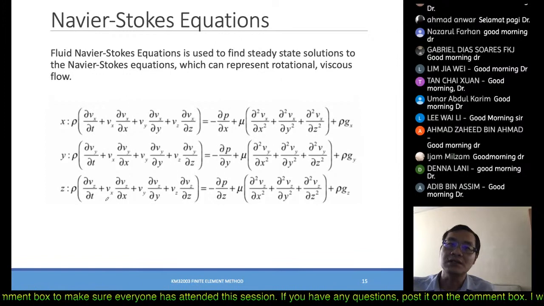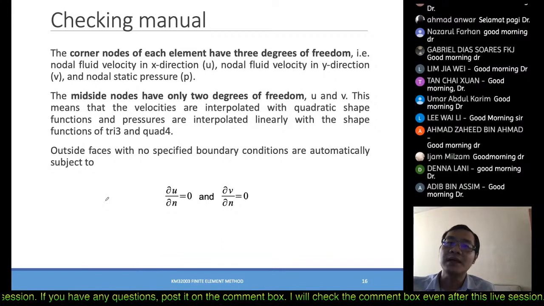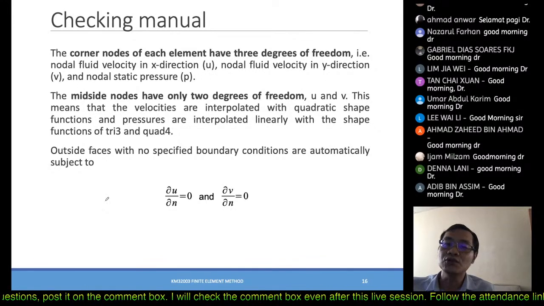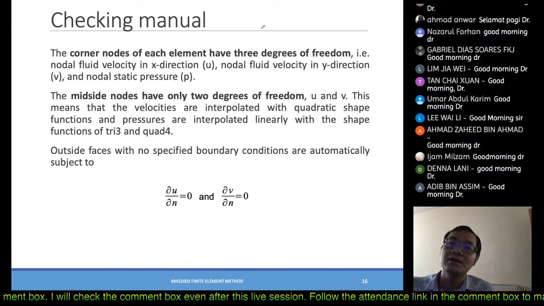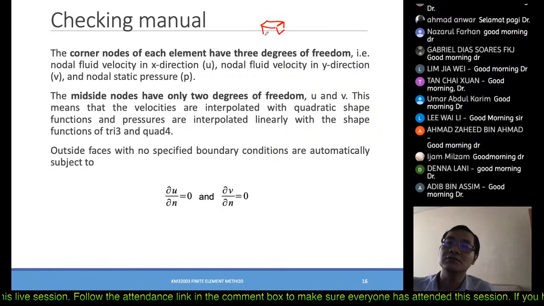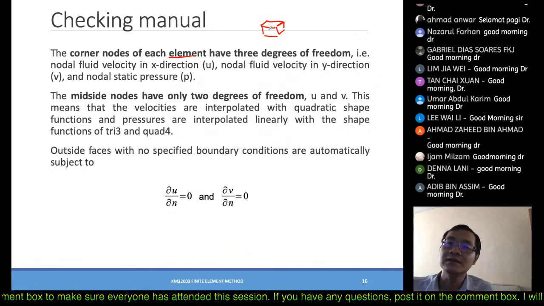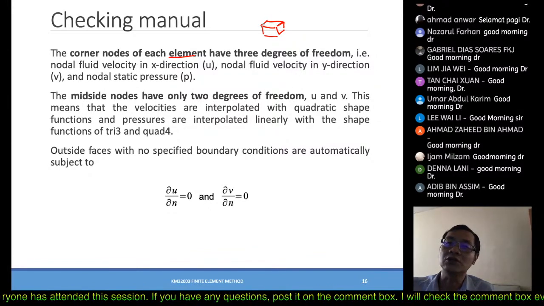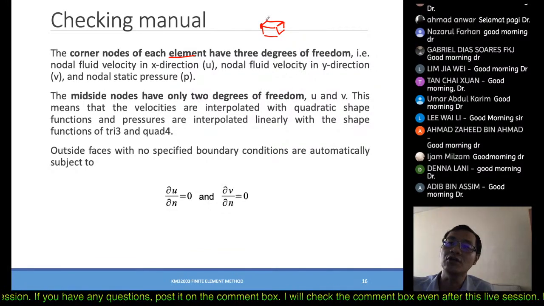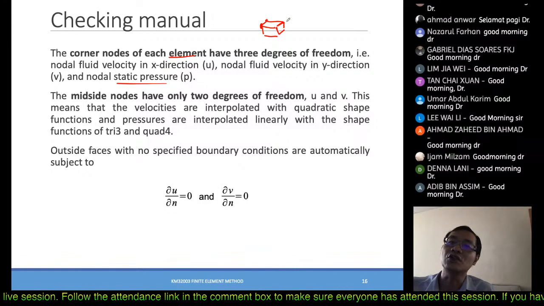So these are the Navier-Stokes equations, and again in the menu itself they say how they treat the element. For each element they will assume the corner node will have 3 degrees of freedom, which is the velocity in x and y directions plus the static pressure, for each of these nodes.